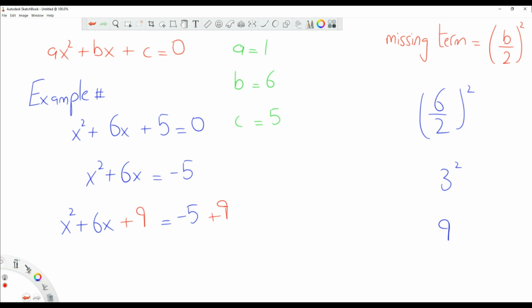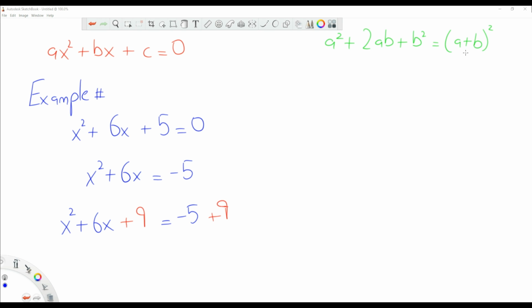Now the next thing I'm going to do is, we know that the formula of (a plus b) whole squared is a squared plus 2ab plus b squared. So we can try to make this expression similar to this one.